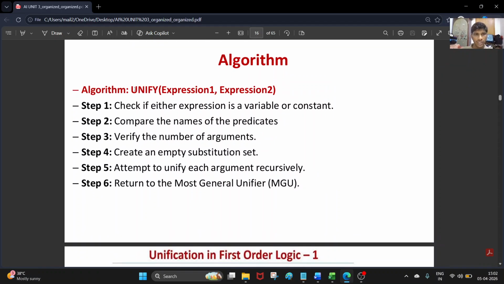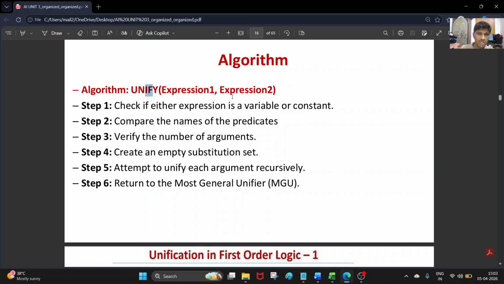Algorithm: unification, Unify(expression 1, expression 2). Step 1: check if either expression is a variable or a constant. Step 2: compare the number of predicates, and verify the number of arguments, here 2. In the two FOL statements, the predicate must be the same and the number of arguments must be the same. Then create an empty substitution set, theta.